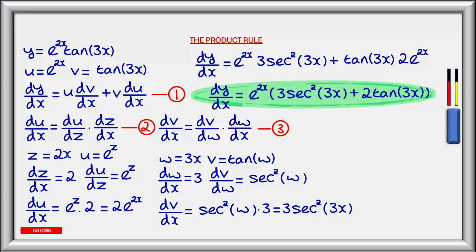And if we remove the common factor of e to the power of 2x, we get our final result, which is the derivative of y with respect to x is equal to e to the power of 2x into the bracket of 3 multiplied by secant squared of 3x plus 2 multiplied by the tan of 3x.